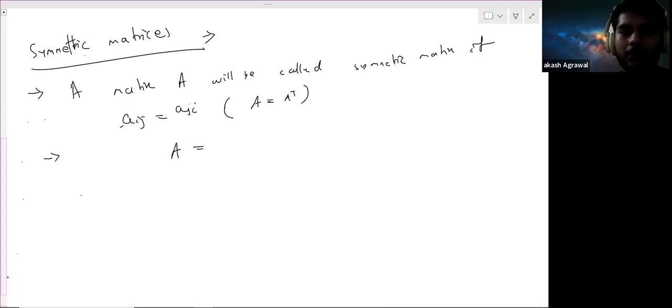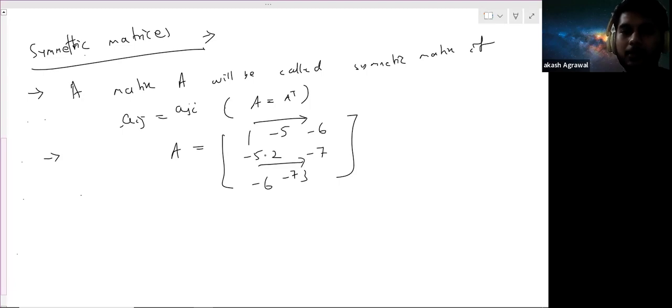For an example, if you write 1, 2, 3, then minus 5, and so on. I wrote it in a very weird way, so let me rewrite this matrix. The important thing is this: 1, minus 5, minus 6 in the first row; minus 5, 2, minus 7 in the second row; minus 6, minus 7, and 3 in the third row.